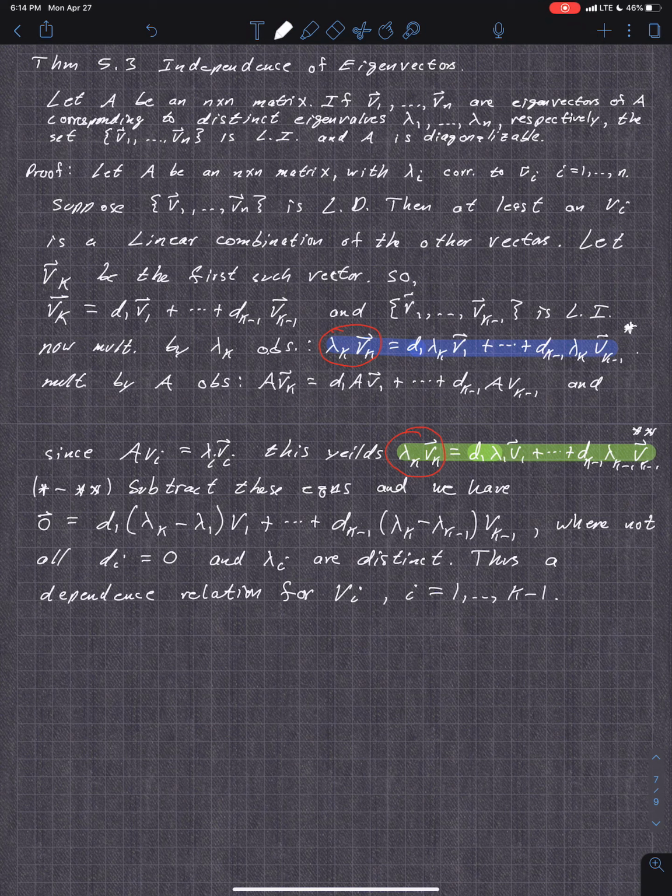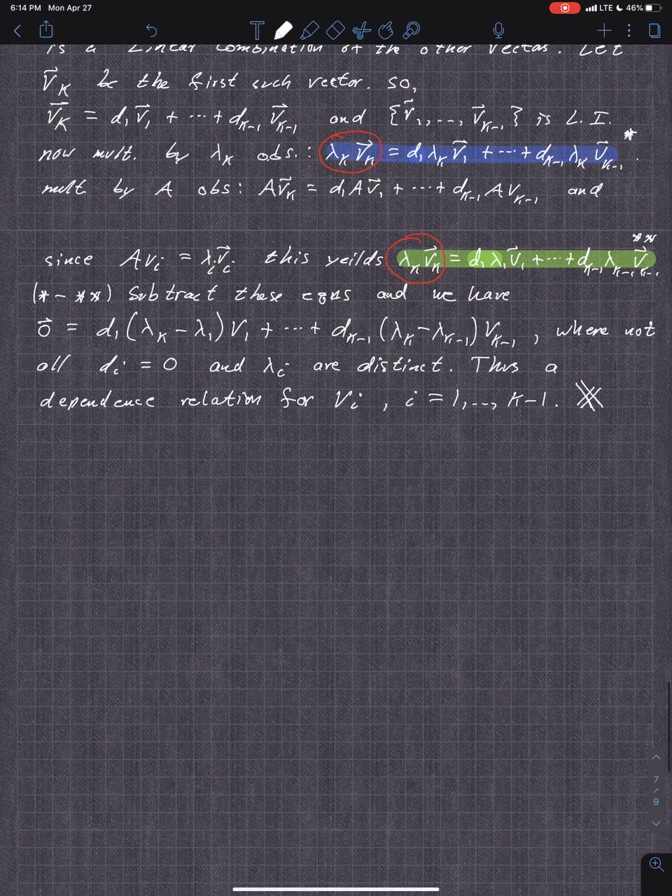In math, you don't see it in the books as much, but sometimes you put a little symbol down which means contradiction. This is a contradiction of the assumption that v sub 1 through v sub k minus 1 is a set of linearly independent vectors.